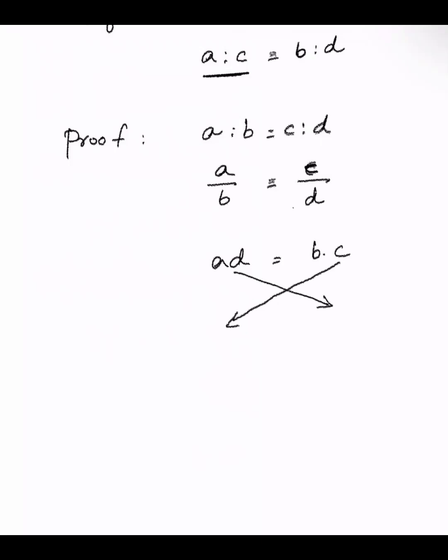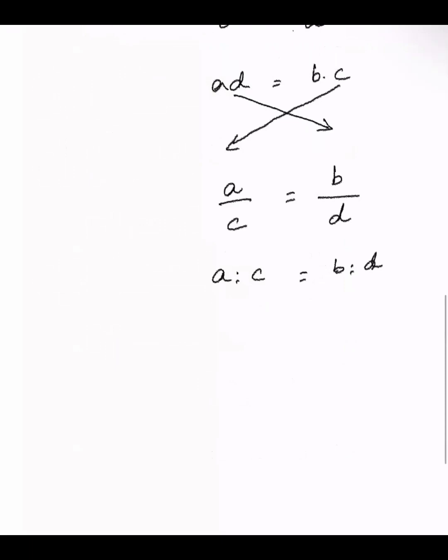Look at the property definition, then you will understand what should be taken to which side. A and C come together, B and D go together. So C will come to the left-hand side and become the denominator of A, and D will come to the right-hand side and become the denominator of B. So this will be A is to C equal to B is to D.